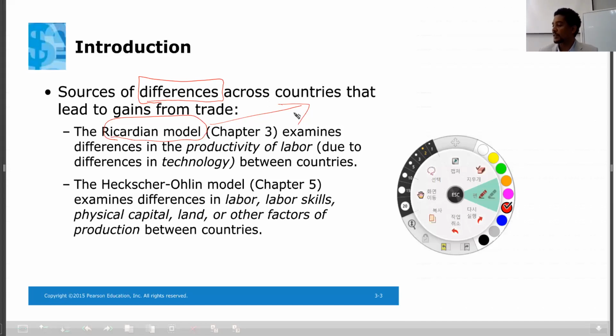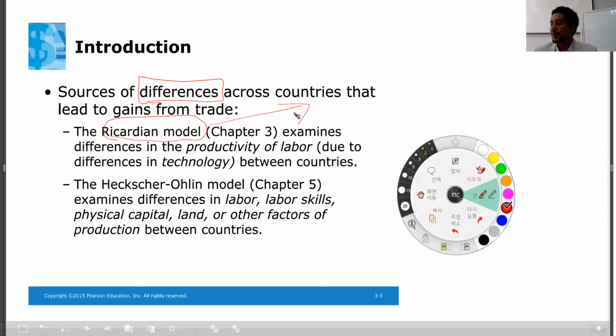There are other models that say productivity of labor is not the only reason why nations get involved in international trade. But for the Ricardian model, productivity of labor is the main reason for international trade, and it is the main determinant for a country to engage in international trade.